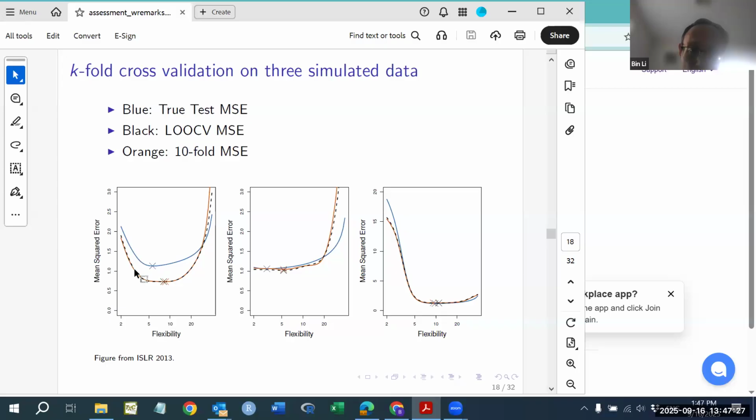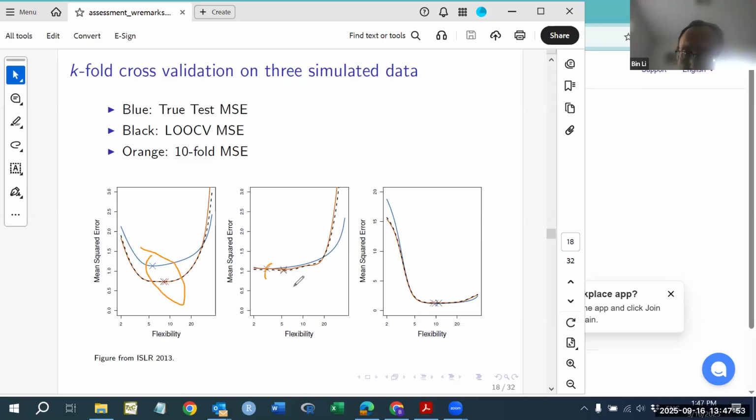The black dashed line is the leave one out, and the orange one is the tenfold. You can see leave one out and tenfold are very close, and these crosses are the optimal models that will be chosen. So they have very similar results as the true ones, quite close.